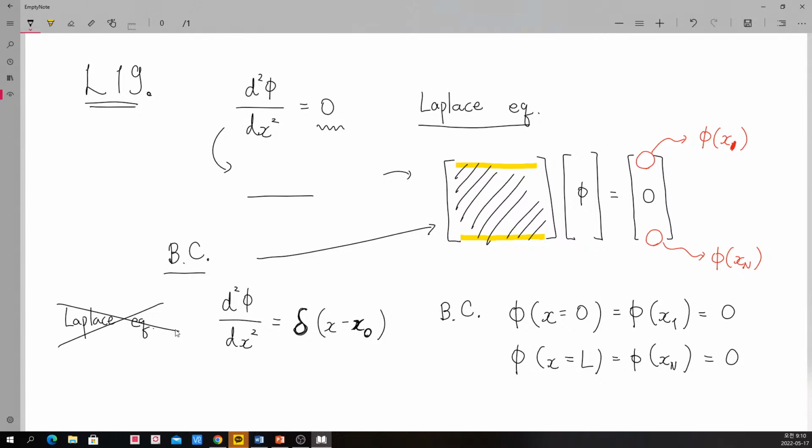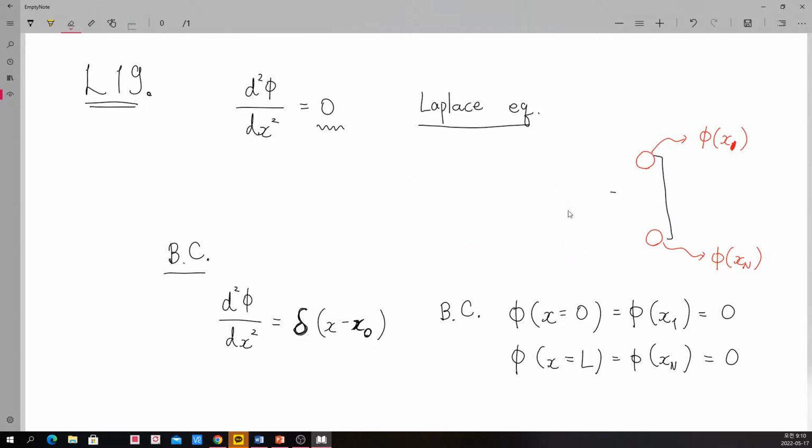But anyway, since we have had a certain discussion about the Laplace equation, maybe we can try to make a certain relationship between our Laplace equation and the new equation.